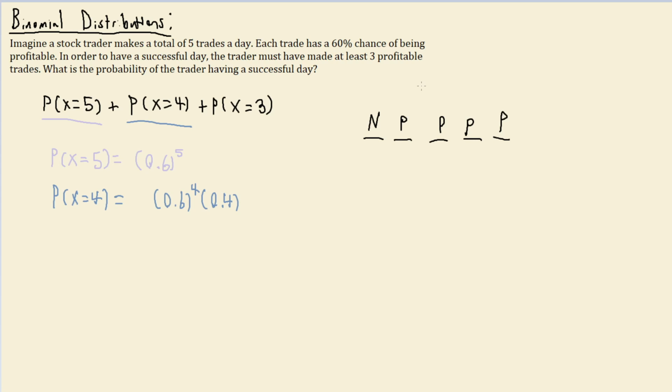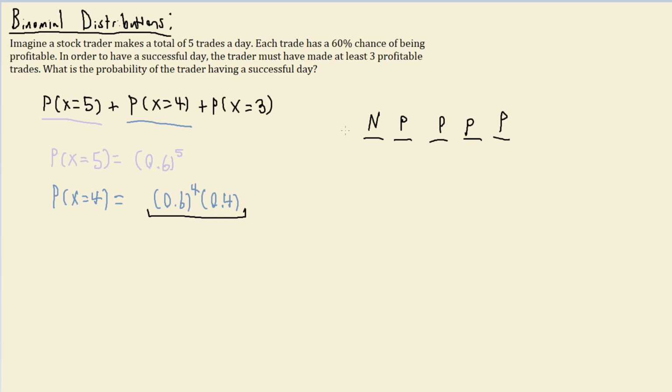As long as all the other trades are profitable, those are all different situations. It's 5 different distinct possibilities in which the trader could have 1 unsuccessful trade out of all the trades they made that day. Each one of those, I might add, is going to have the exact same probability of occurring, because multiplication is commutative. So if I took 0.4 and multiplied by 0.6, by 0.6, by 0.6, by 0.6, that probability is going to be equal to this right here.